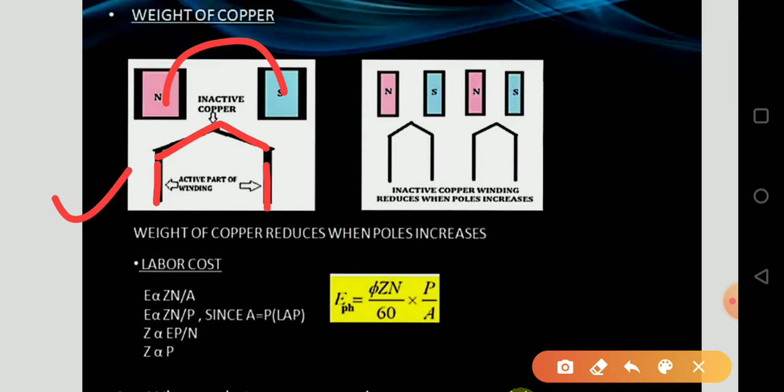When the number of poles increases, the weight of the active part reduces. So we can say the weight of the copper reduces.